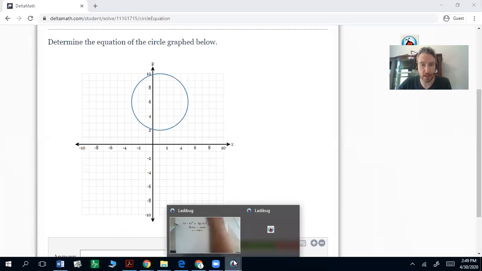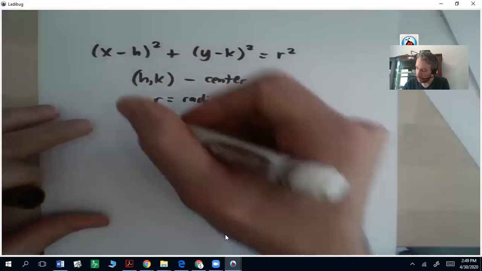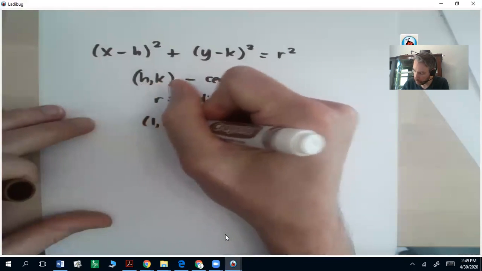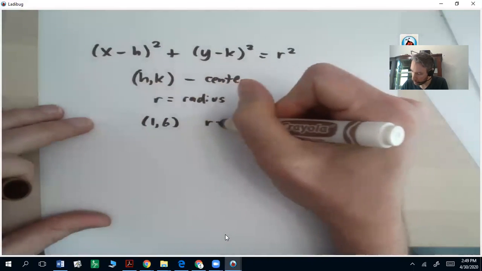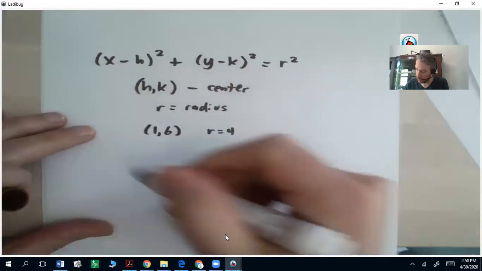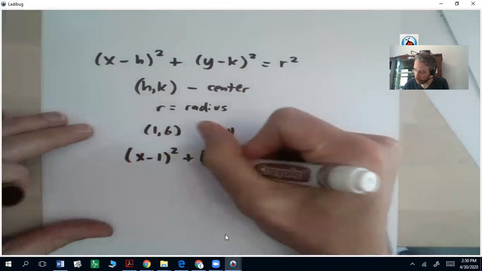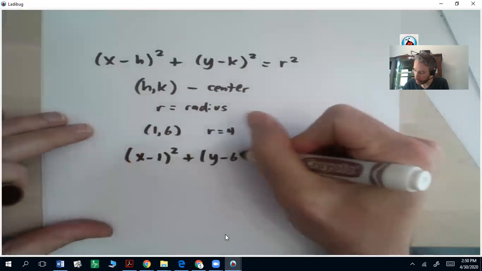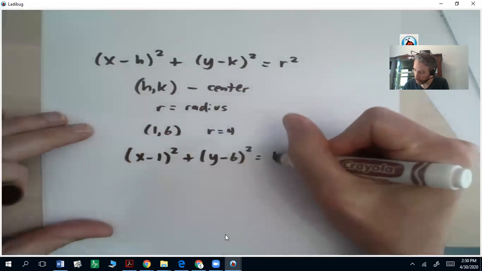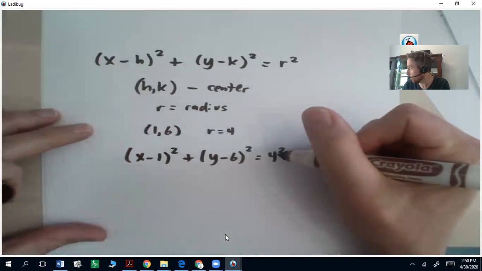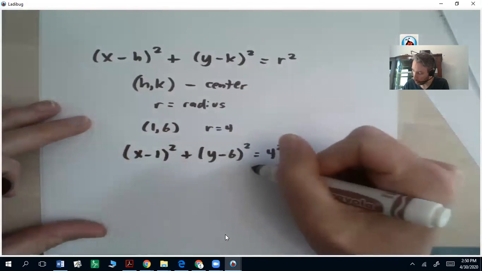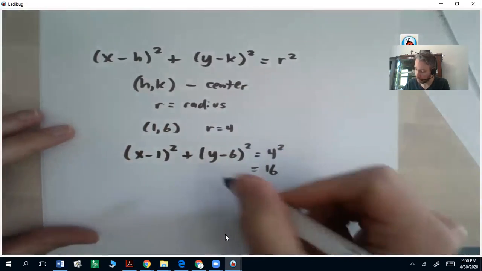Knowing that my center is 1, 6, and the radius is 4, I can fit it into this equation by saying (x minus 1) squared plus (y minus 6) squared is equal to 4 squared. 4 squared is 4 times 4, which is 16. So we'll want to make that equal to 16 when we type it in.